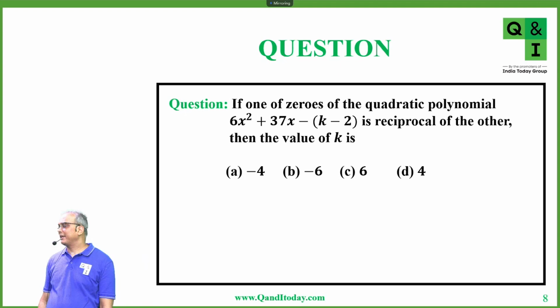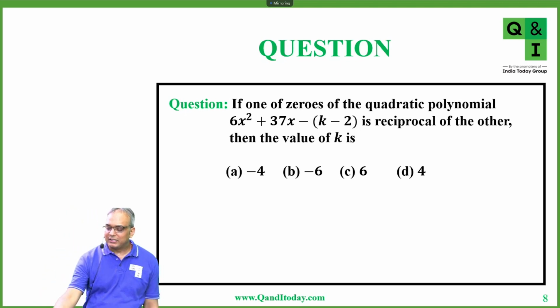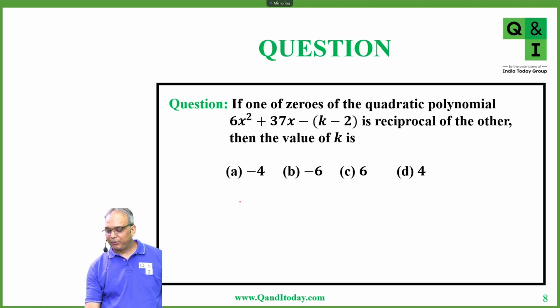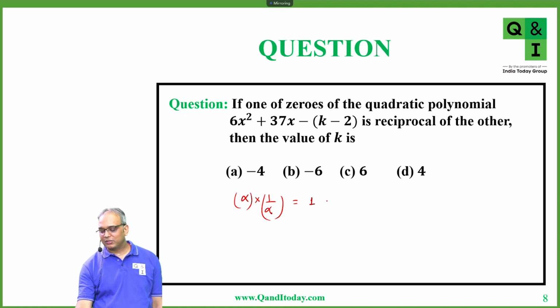Yes, it is correct, Raghavi. One of the zeros is the reciprocal of the other. So if one zero is alpha, the other zero is 1 by alpha. The product of alpha into 1 by alpha is going to be 1. So the product of zeros is 1, which is equal to c by a. What is c? Minus of (k minus 2), and a is 6.